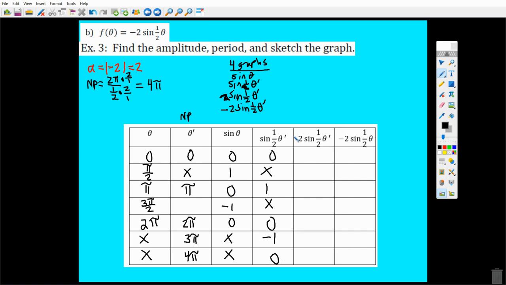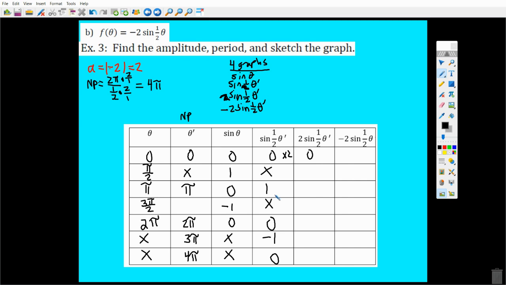Okay. All right. And now for 2 sine of 1/2 theta prime, we're going to be filling in, again, using these values here. But all this means here is that we're multiplying each of these by 2 because the amplitude, again, is a vertical stretch. So all we're going to do is multiply by 2, we get 0.